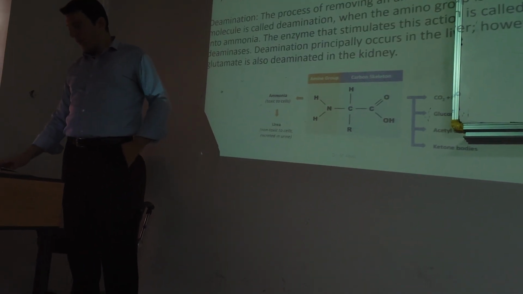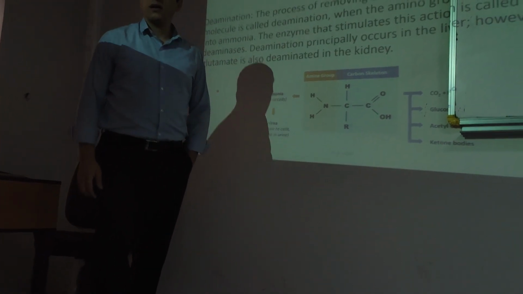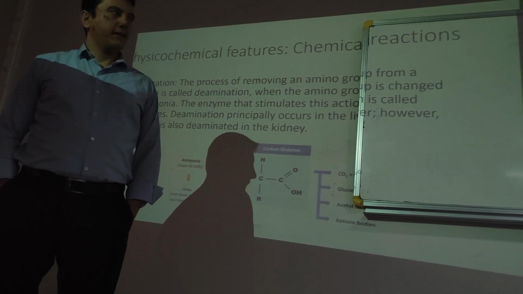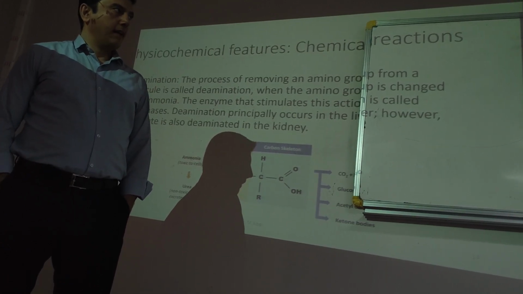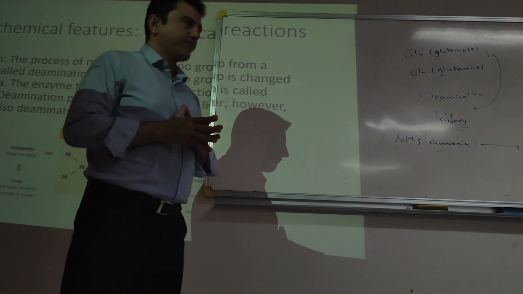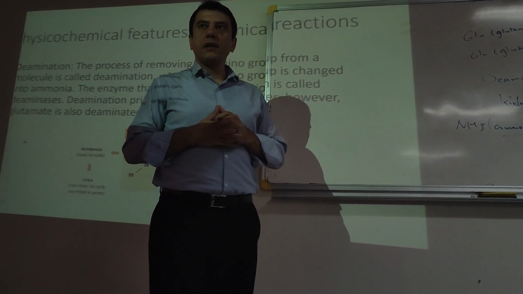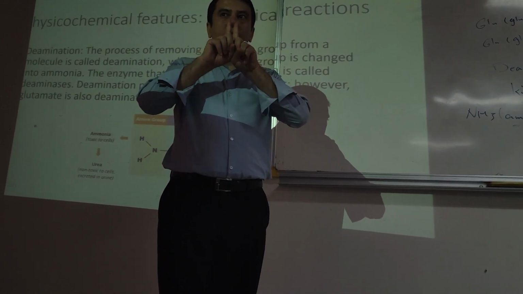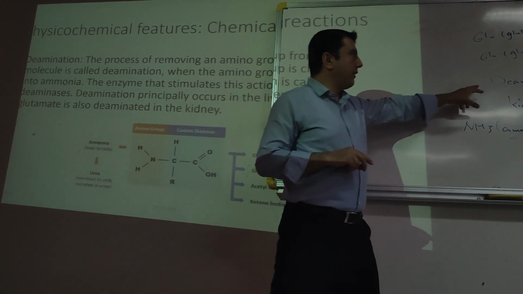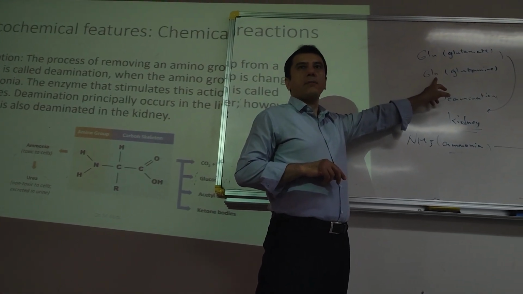Doctor, is urea produced in liver or kidney? Produced in liver. Yes. The deamination reaction can happen for just two amino acids in the kidney, and those are glutamate and glutamine.